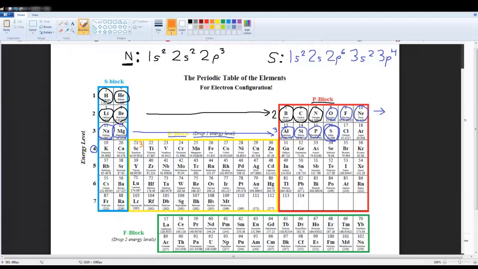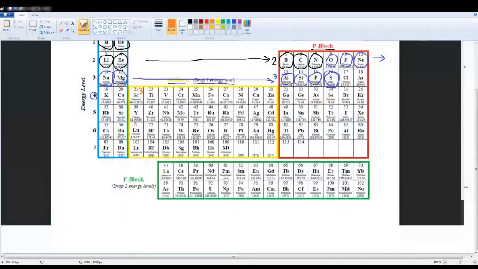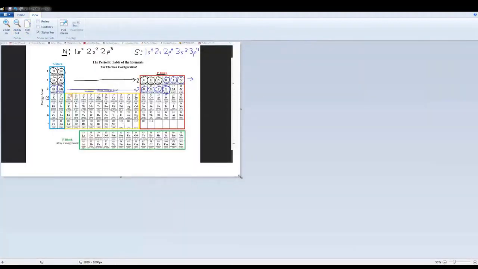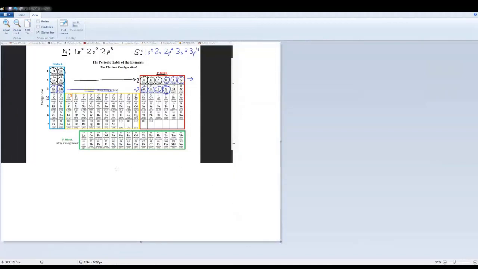Well, why is that the 3d? That seems kind of weird. Why would we do that? Well, it comes down to this, and I'm actually going to draw you a little picture here. It's going to be fun because it's kind of a cool picture, but I'm going to have to zoom out and stretch my map a little bit. Okay.